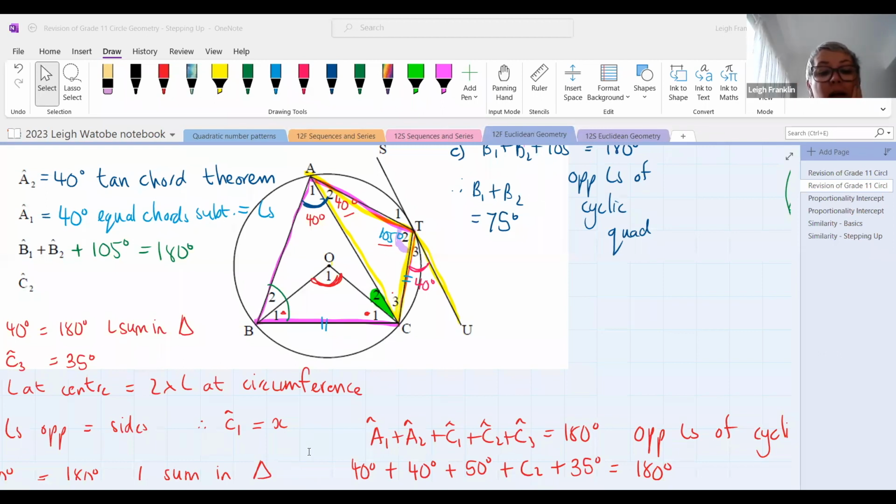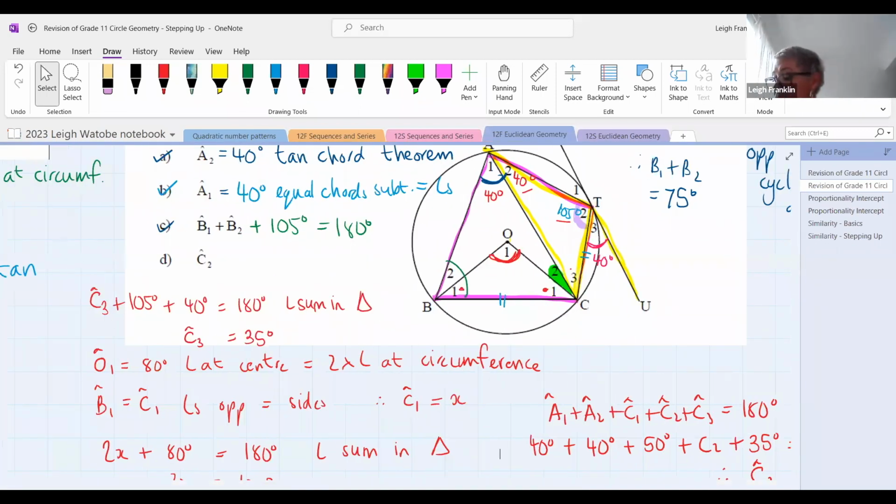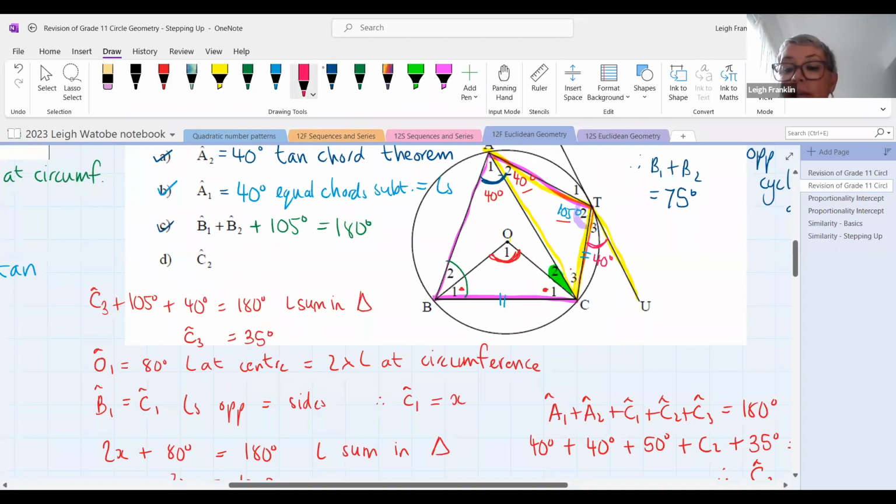So what I would say, a lot of this would end up being marked using statement reason marks. So when we mark geometry, we either use a statement mark, a reason mark, or sometimes something can get statement and reason.